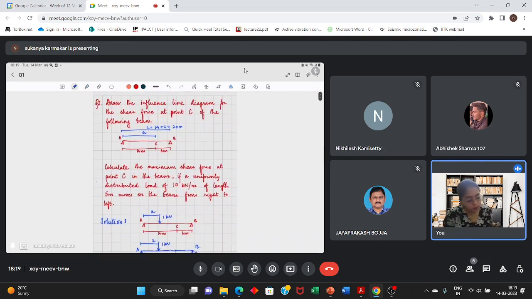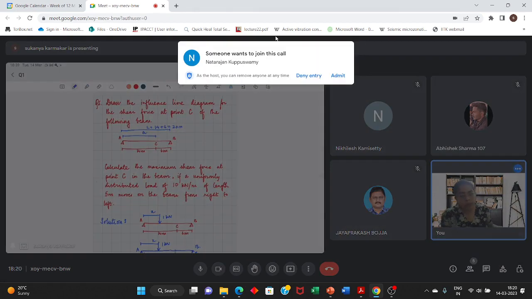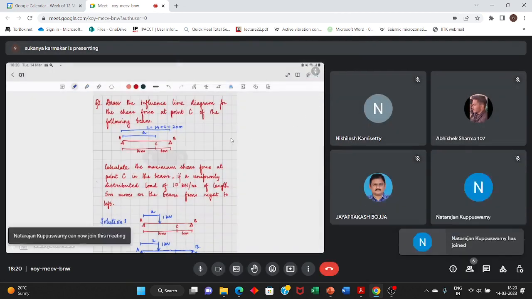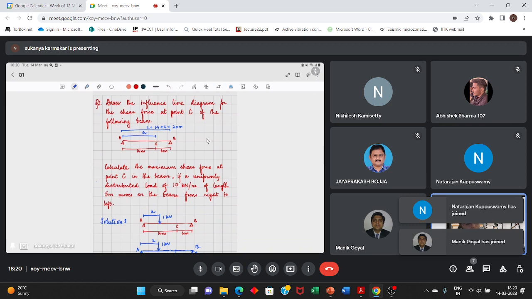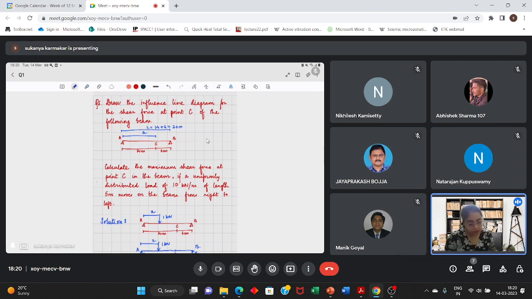Now moving to the second part of the question. Calculate the maximum shear force at point C in the beam if a uniformly distributed load of 10 kilonewton per meter of length, 5 meter, moves on the beam from left to right.